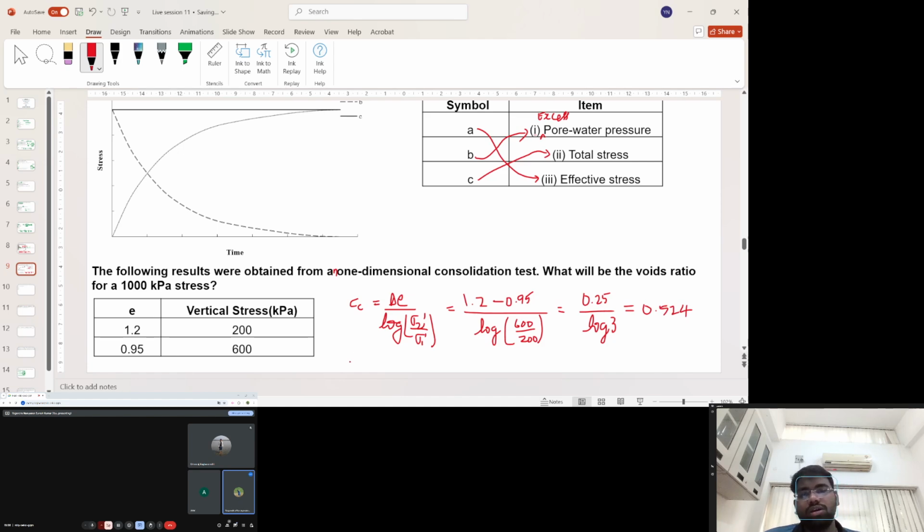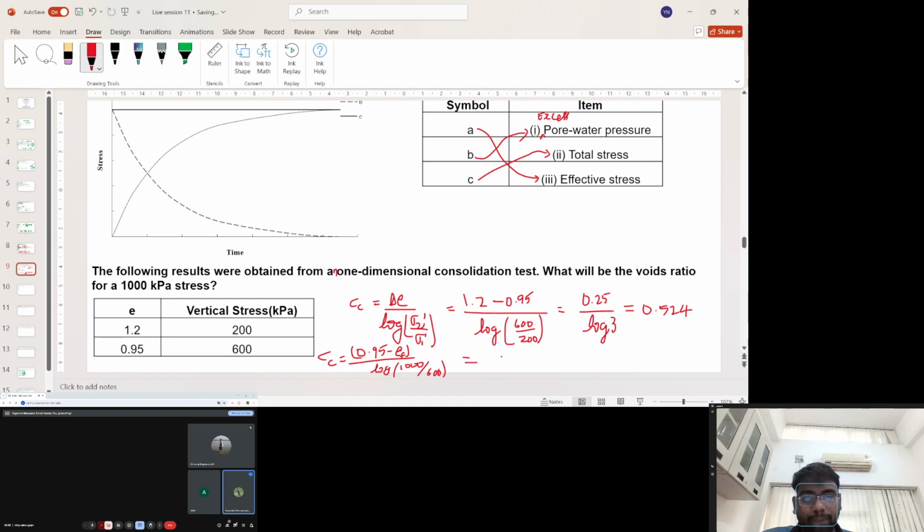Right. Now we need to know the void ratio at 1000 kPa stress, for which Cc remains constant. Delta e varies from 0.95 minus e final, divided by log of 1000 by 600.